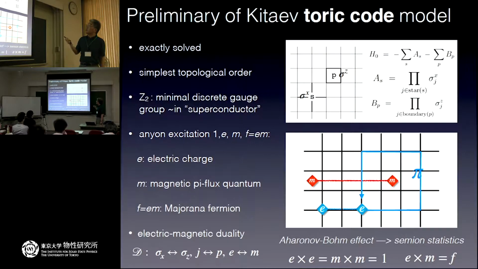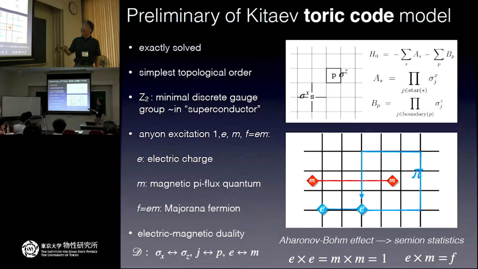Actually, this model can also be looked at as a minimal discrete Z2 gauge model, which is also an effective model for superconductivity. The important thing about this model is that it has anyonic excitations. There are three types of anyonic excitation.